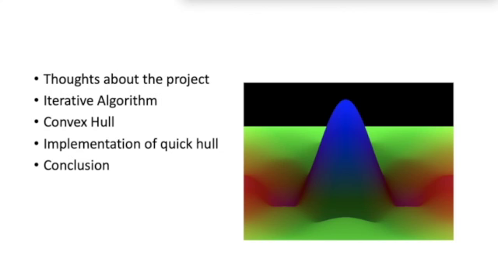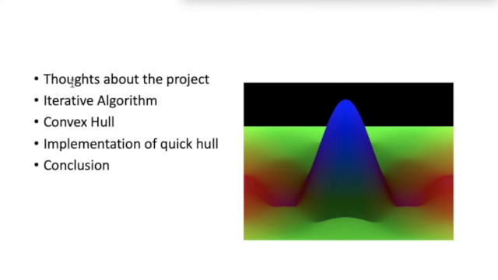My presentation will talk about my project for these courses. First of all, I will talk about my original thought about the project, and then talk about the visualization for the iterative algorithm.